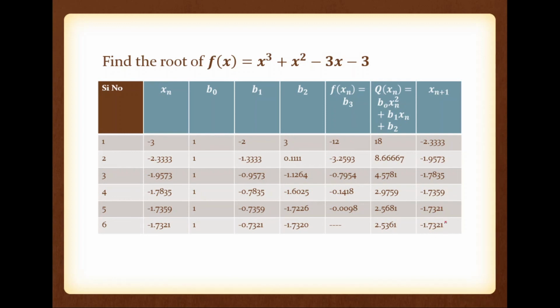We have the same value, so either we can use this condition and stop here, or this one is 0. Either we can check the value of B3. If the value of B3 is 0 or less than 10 raised to minus 4, we can stop. So as per Newton's polynomial method, the numerical root is minus 1.7321.